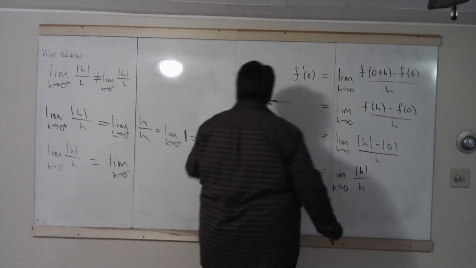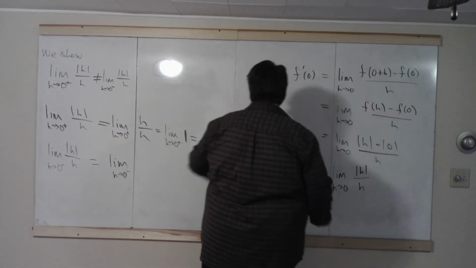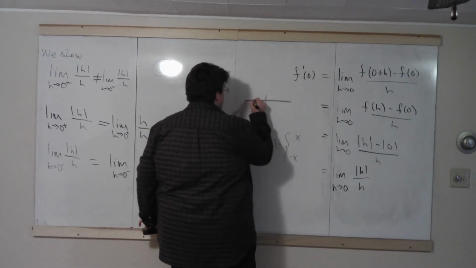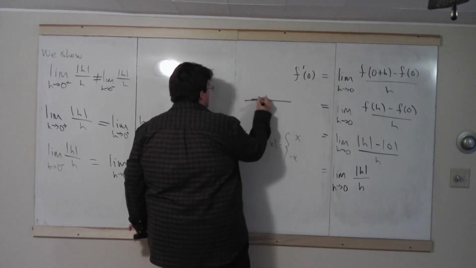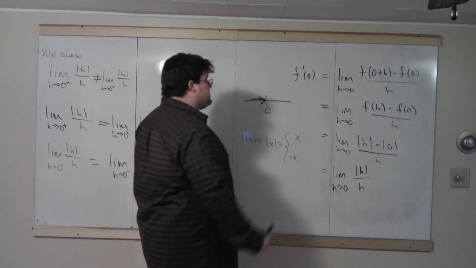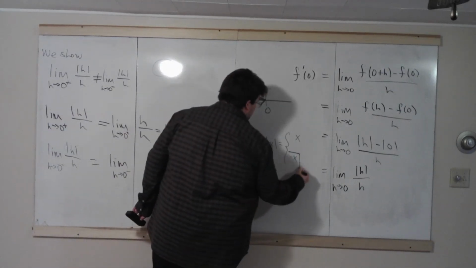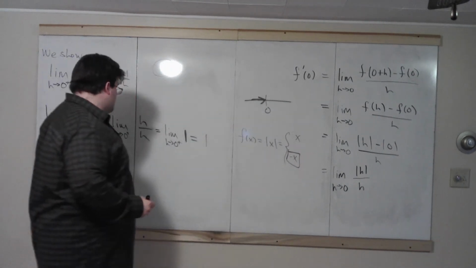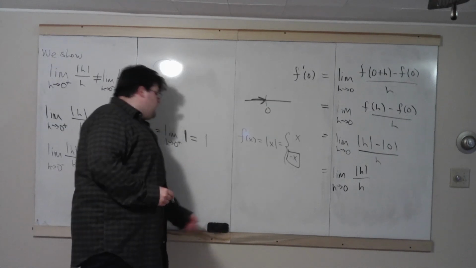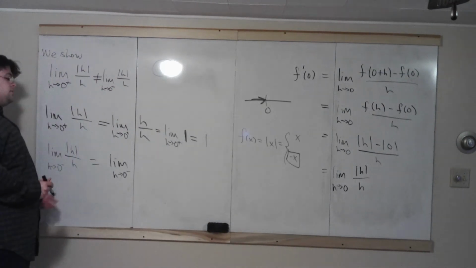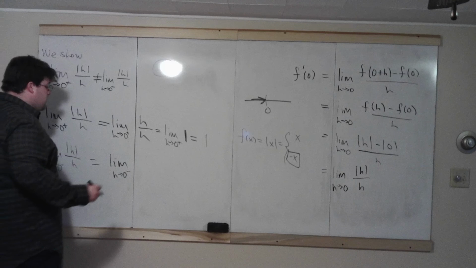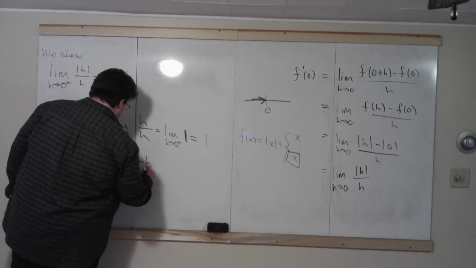Well, on the left of 0, these h values are on that side of 0. On that side of 0, absolute value of x is defined as the negative x. So here, absolute value of h on the left of 0 is negative h.